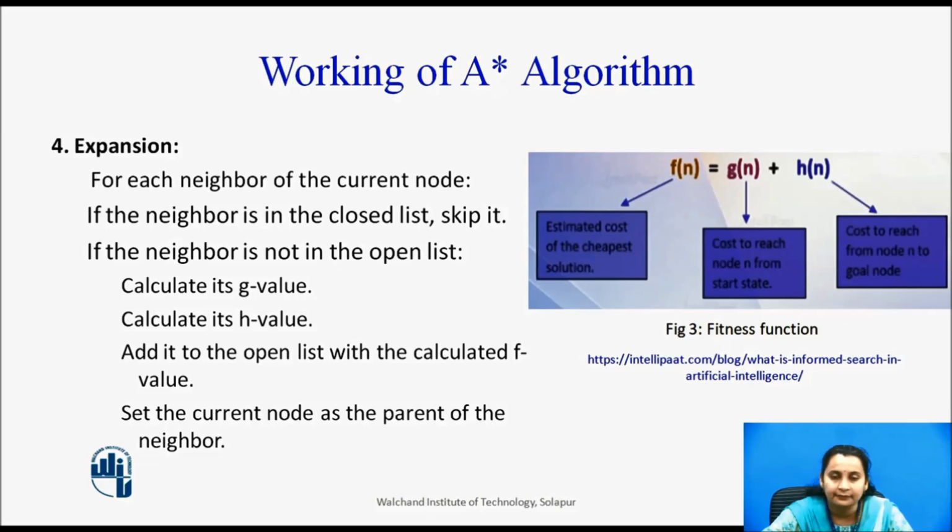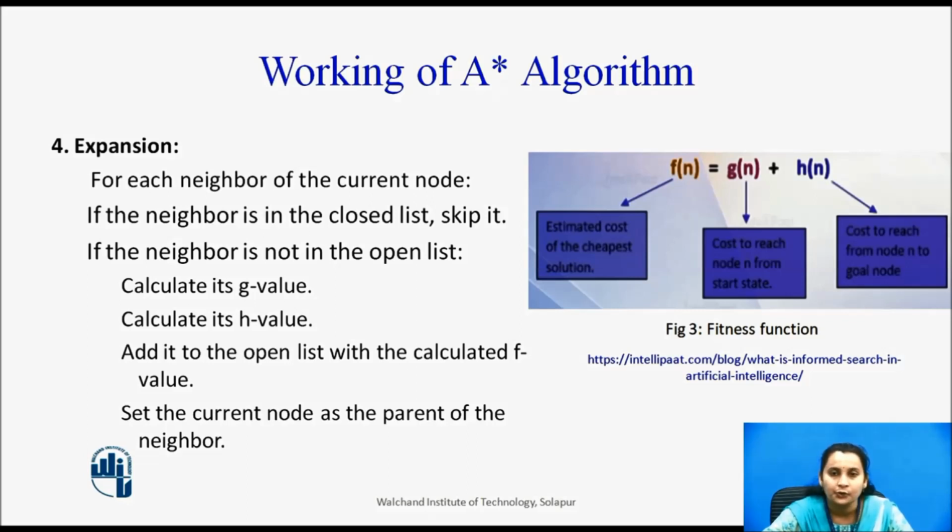Here we can see in the formula, f of n is the estimated cost of the cheapest solution, g of n is the cost to reach node n from the start state, and h of n is the cost to reach the goal node from node n. So from source to n is g of n, and from n to the goal state is h of n.